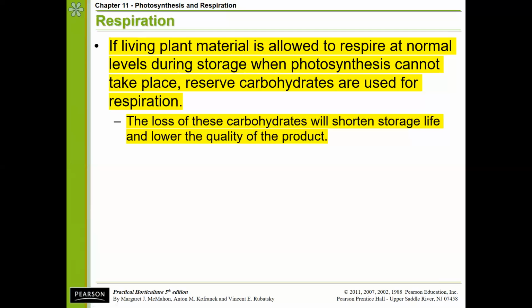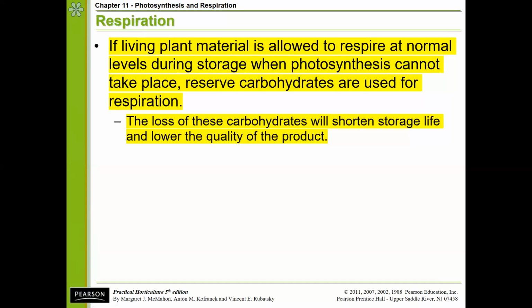Apple a day, right? Not quite. Well, sorry. We wax apples, right? A lot of times commercial growers will wax apples, giving it that shiny appearance for one, but also causing that respiration to be reduced and the shelf life of the final product to be extended.